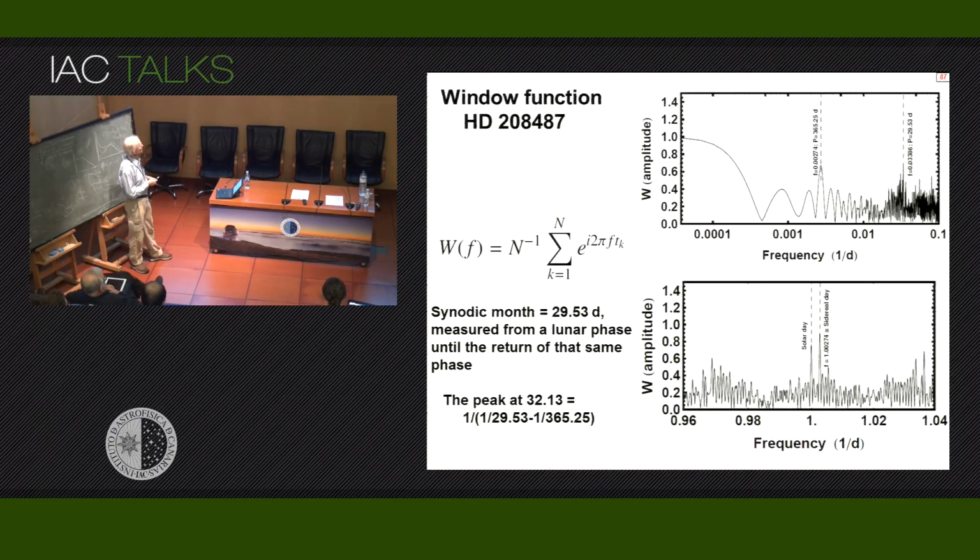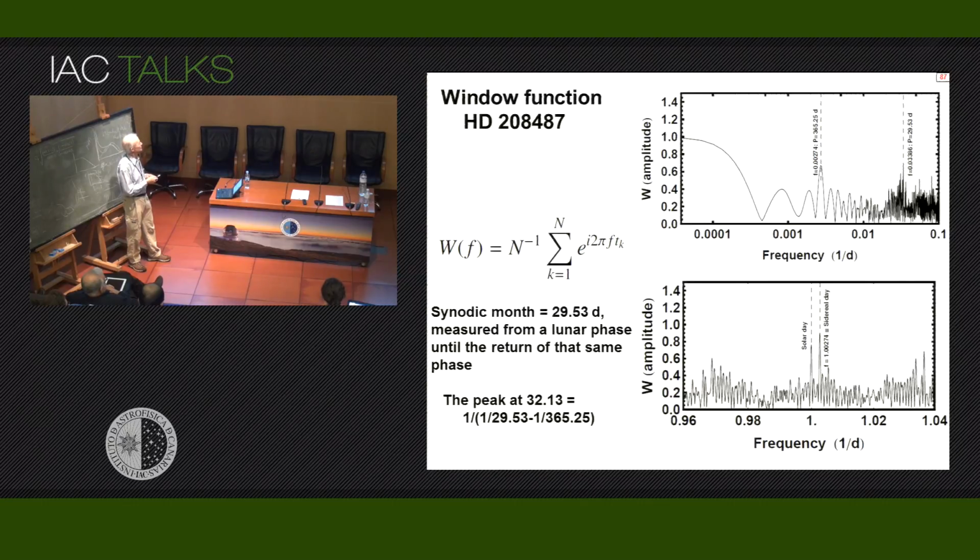Now I decided to not use this window function exactly, but, since the errors are quite different at different points, I decided to create a weighted unit window function. So I'll show you that in a moment. It turns out to not look significantly different. So here we see there's a peak corresponding to the 1 year peak.